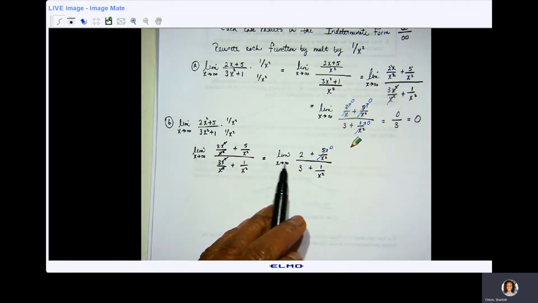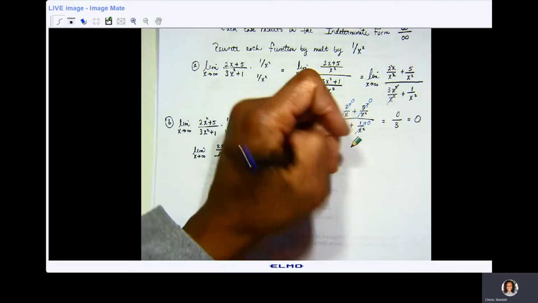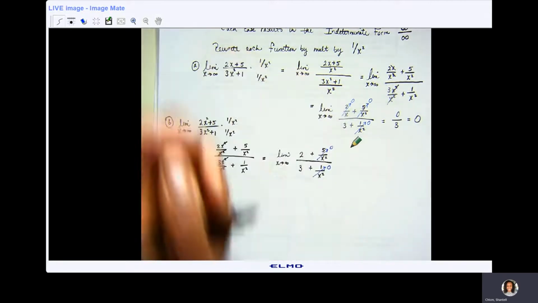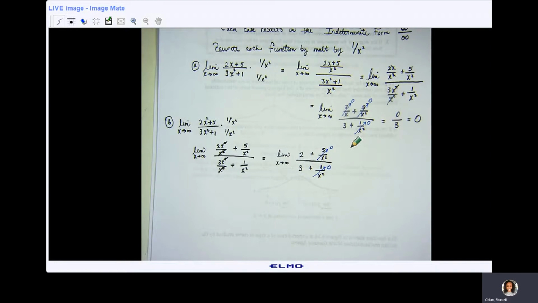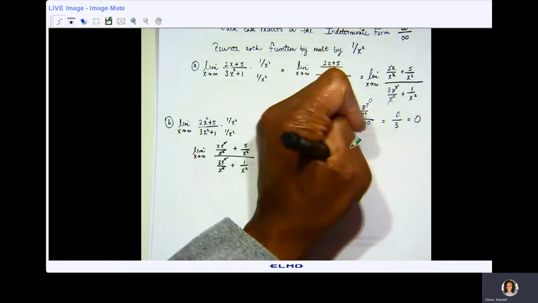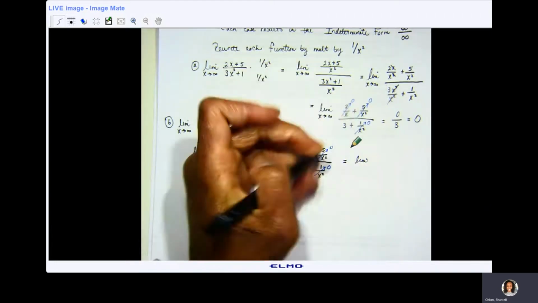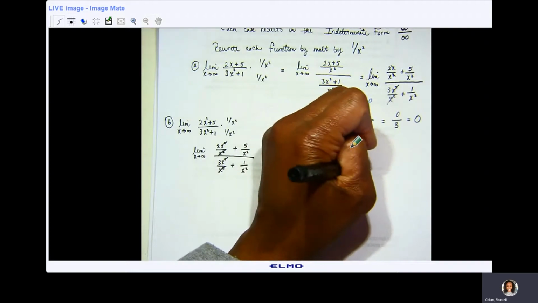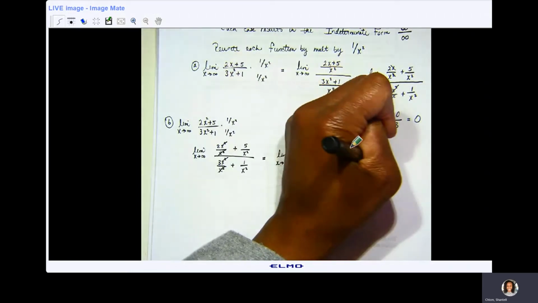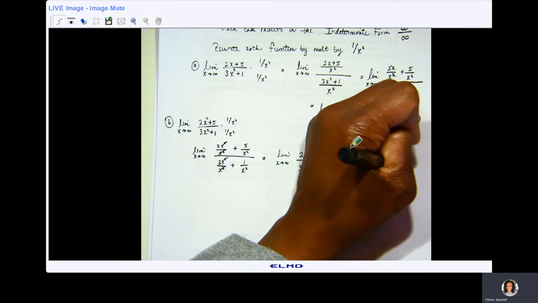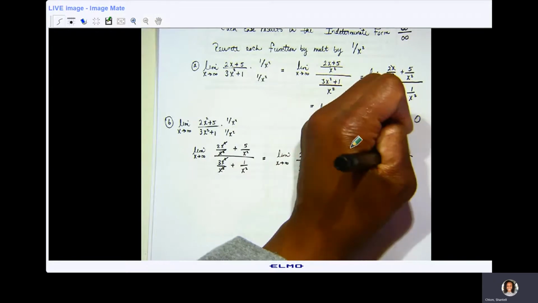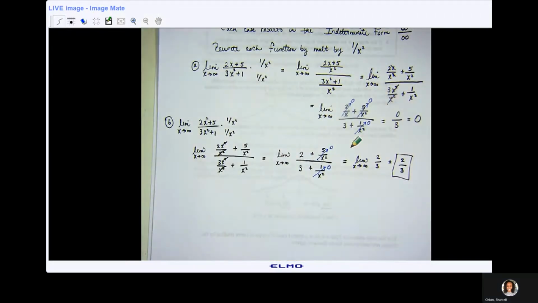Same thing here. As x gets bigger and bigger, 1 divided by some really big number heads towards 0. Because those limits are just zeros, it's still just a constant. The limit of 2/3 as x approaches infinity is still 2/3.